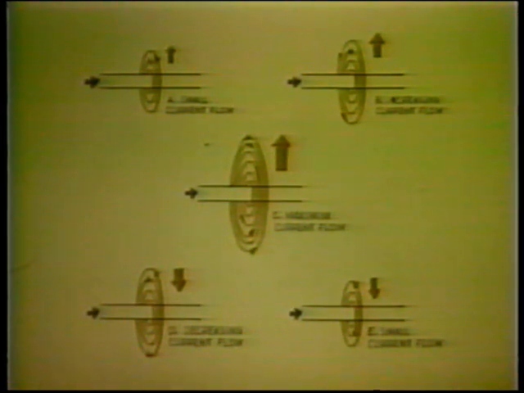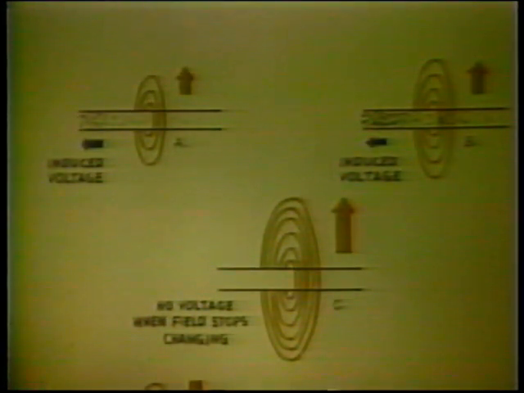This is shown in D and E. The magnetic field induces a voltage in the conductor as it is expanding, as shown in A and B. But no voltage is induced when the field stops changing, as shown in C. As the magnetic field contracts toward the inductor, a voltage is induced in the conductor in the opposite direction. This is shown in drawing D and E.